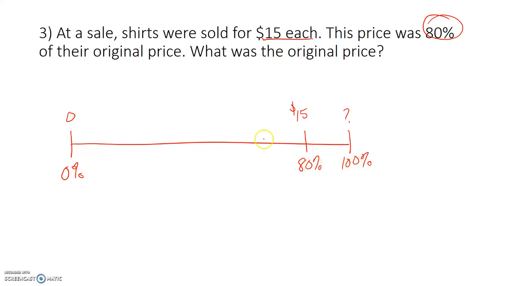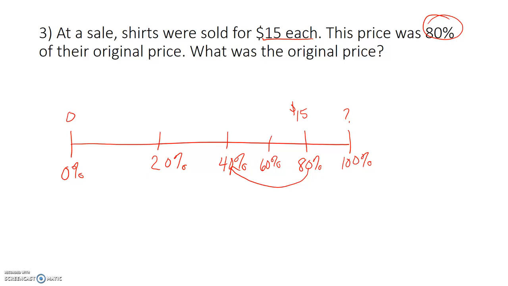To get from 100 to 80, we're counting by 20. So let's go 60%, 40%, 20%. My diagram isn't spaced out, but that's okay. All right, so I don't know how to get from 80 to 60, but I do know how to get from 80 to 40, and I also know how to get from 80 to 20. Let's go from 80 to 40, okay?